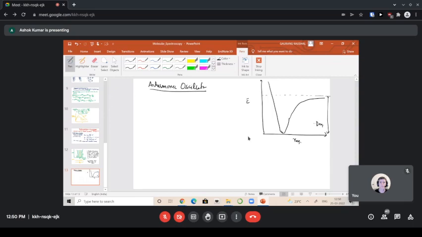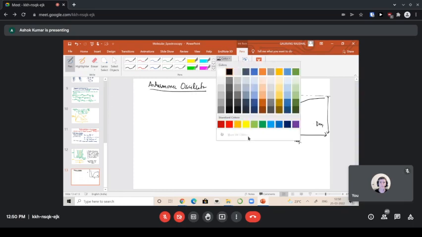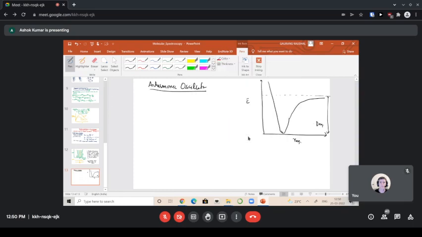That is the equilibrium distance at which the bond can be broken during this vibration. Actually this type of curve is given by the Morse curve.